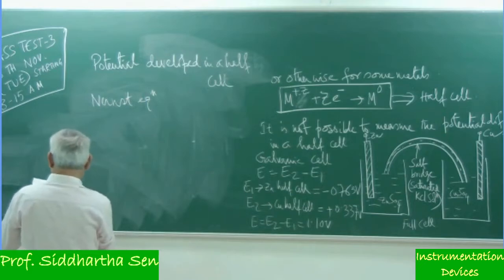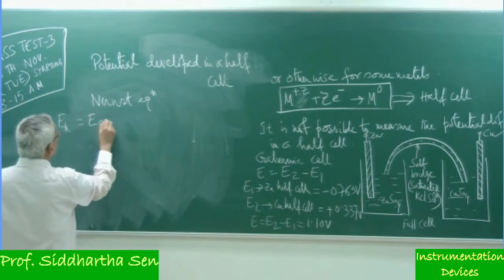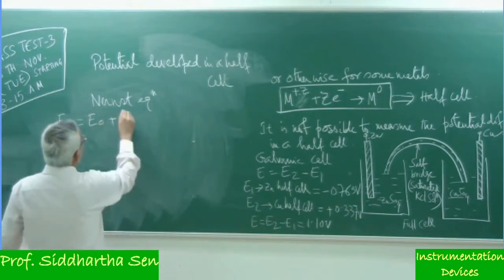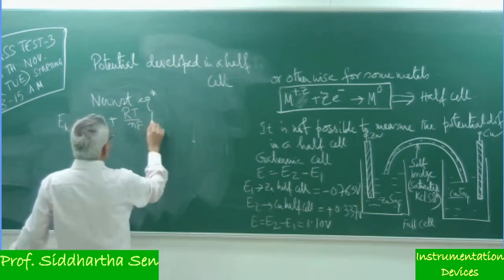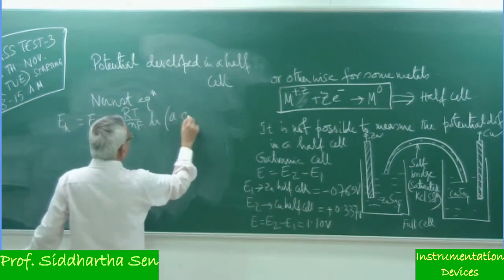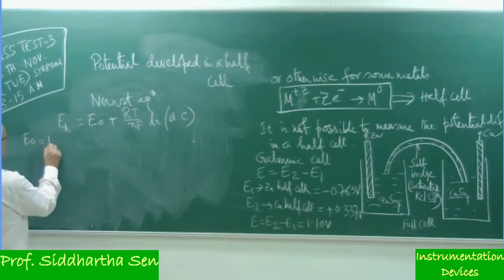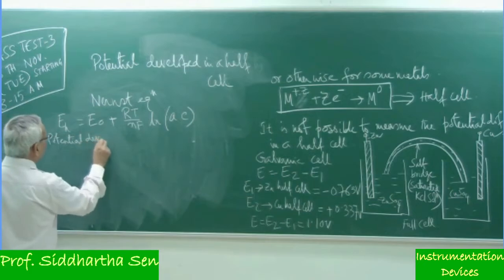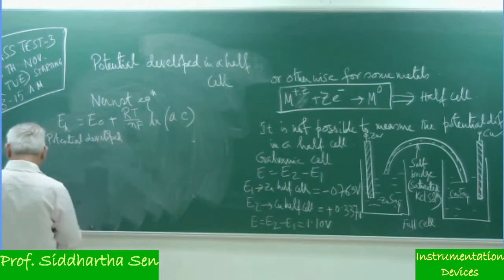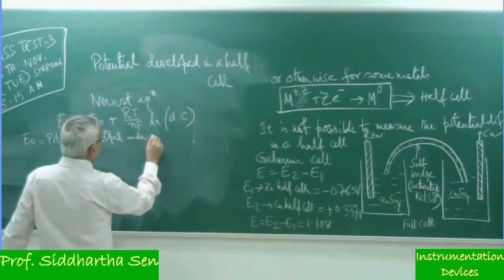It is given as EH is equal to E0 plus RT by NF into log natural A into C, where E0 is the potential developed under saturated condition.